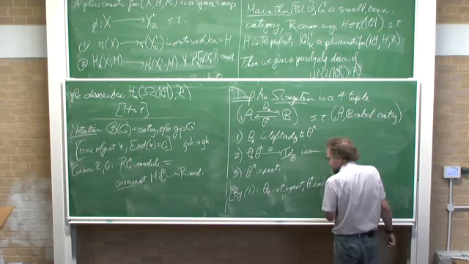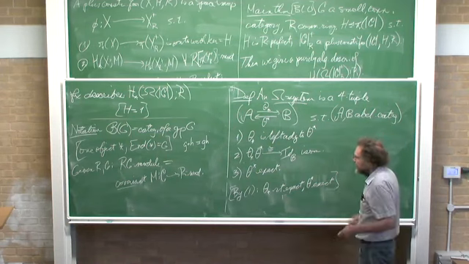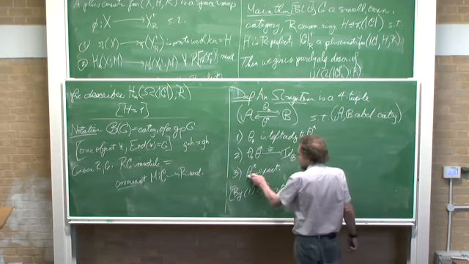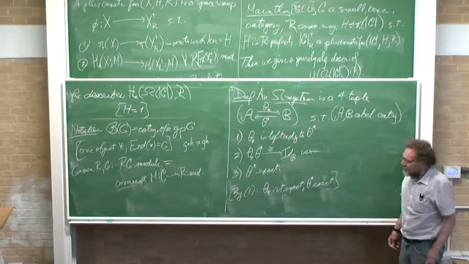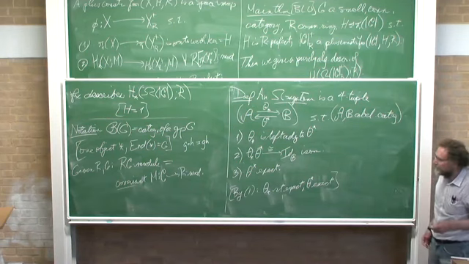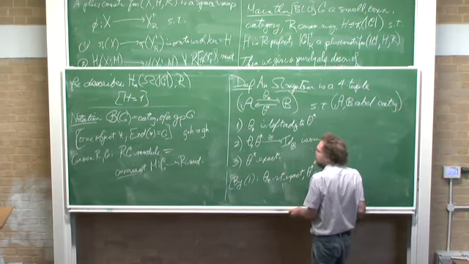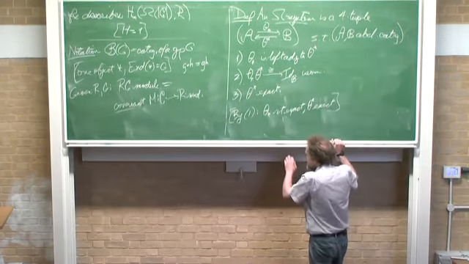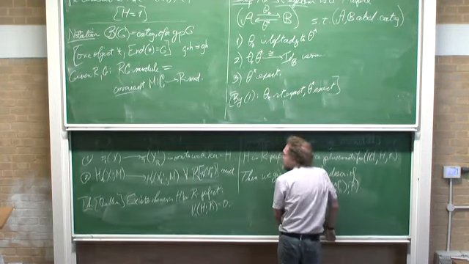That's automatic for any pair of adjoint functors. So all this is really saying is that theta upper star sends surjections to surjections, or epimorphisms to epimorphisms. Okay.